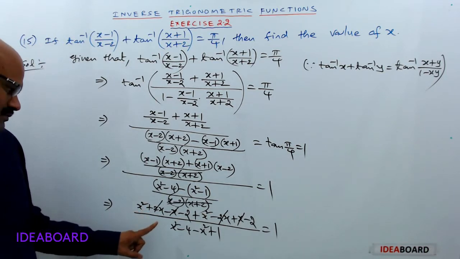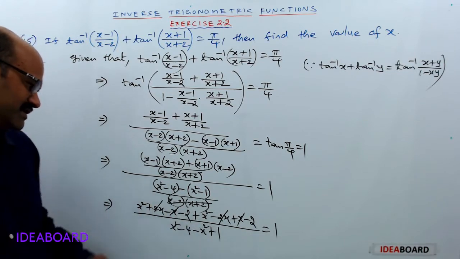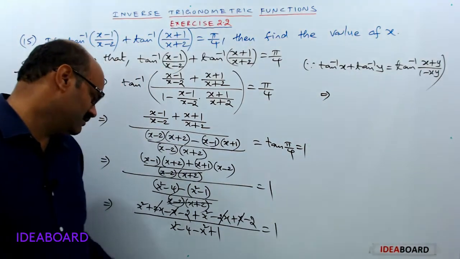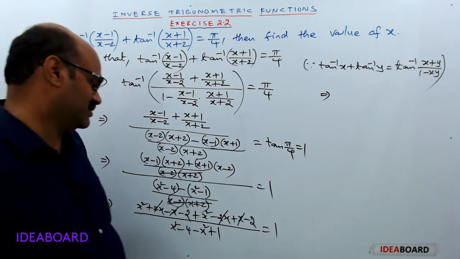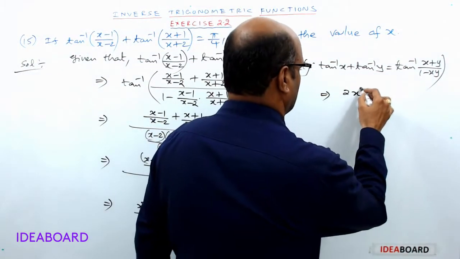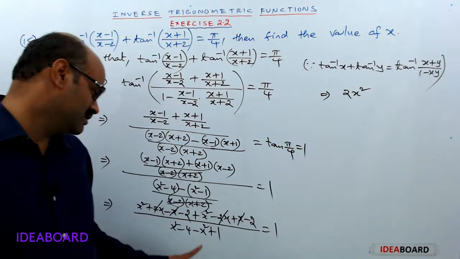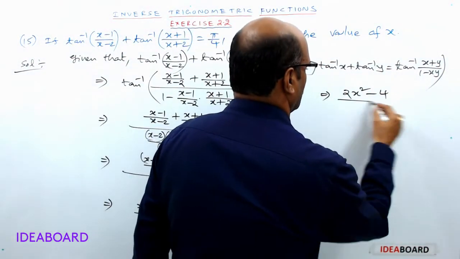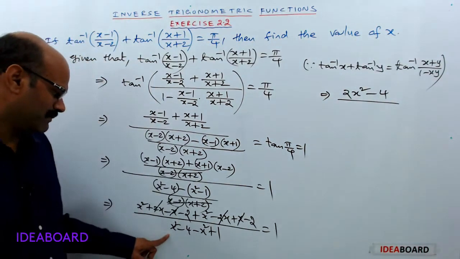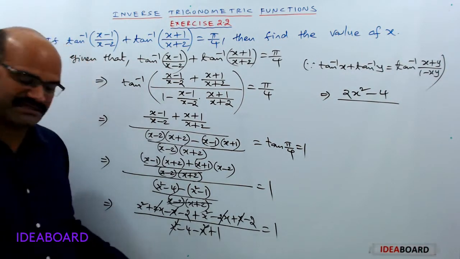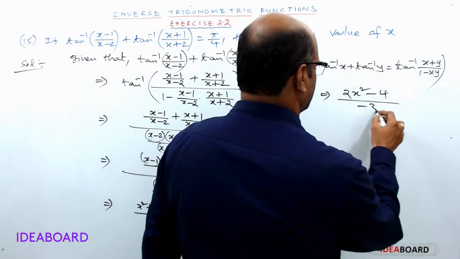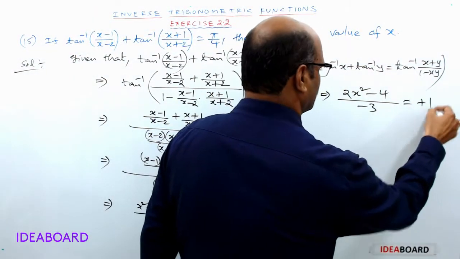Then we have x square plus x square, 2x square, minus 2 minus 4, upon plus x square minus x square cancel. So minus 4 plus 1 equal to minus 3 equal to plus 1.